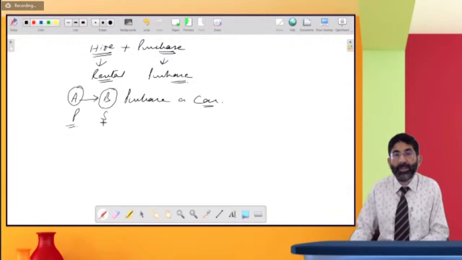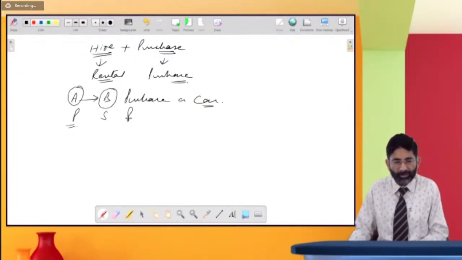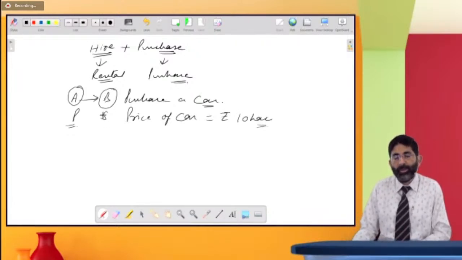B has given him a price: the price of the car is rupees 10 lakhs. Now A says, I am not able to make the payment in one go. Just allow me to make the payment in installments. I am interested to purchase it. Now B says, okay, no problem, I'll give it to you.